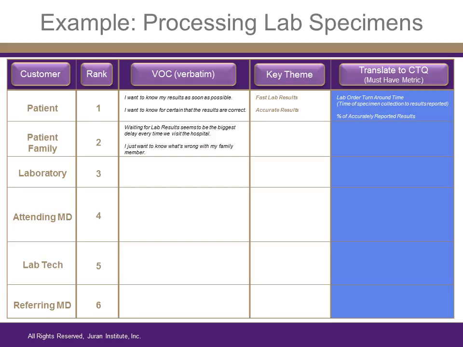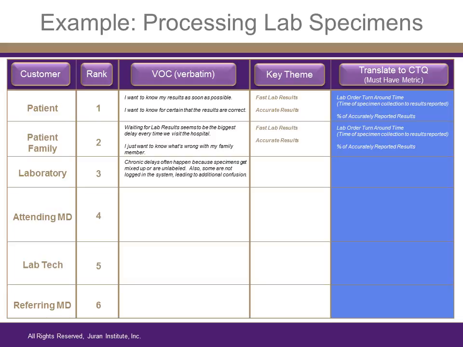Waiting for lab results seems to be the biggest delay every time we visit the hospital. They want to know what's wrong with the family member. Key themes are identified. Once again, fast lab results and accurate results, which allow us to translate to our CTQ, which is once again lab order turnaround time and percentage of accurately reported results.